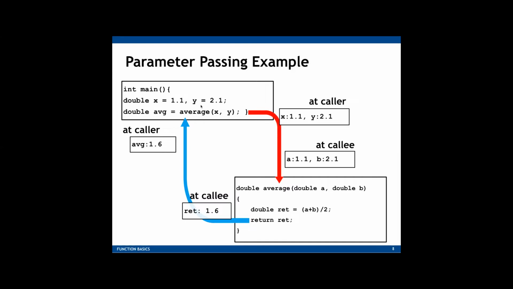This is how the caller and callee share values. Note that x, y, avg, and a, b are all local variables. a and b are local variables inside of average, and x, y, avg are local variables of the main function.